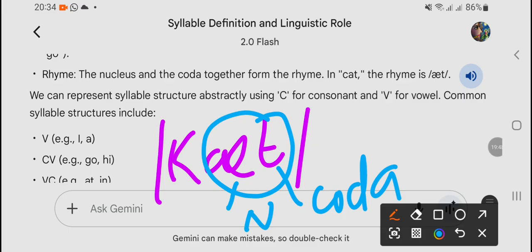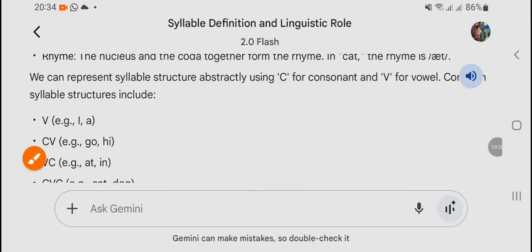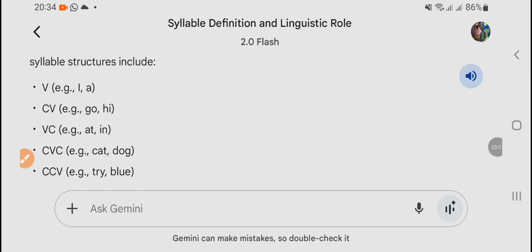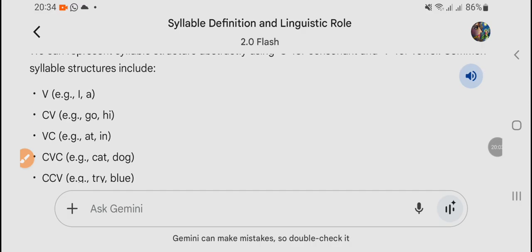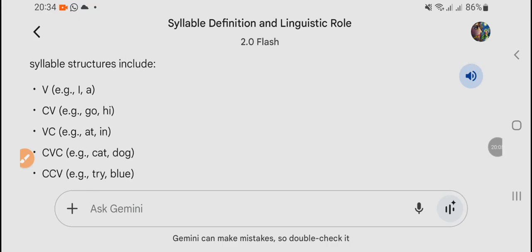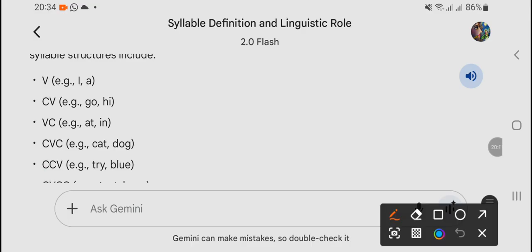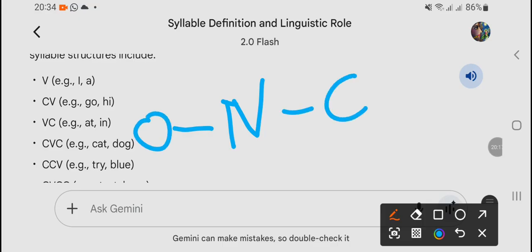Okay, we represent syllable structure abstractly using C for consonant and V for vowel. The common syllable structures include... so how is a syllable expressed? A syllable is expressed through onset, nucleus and coda.